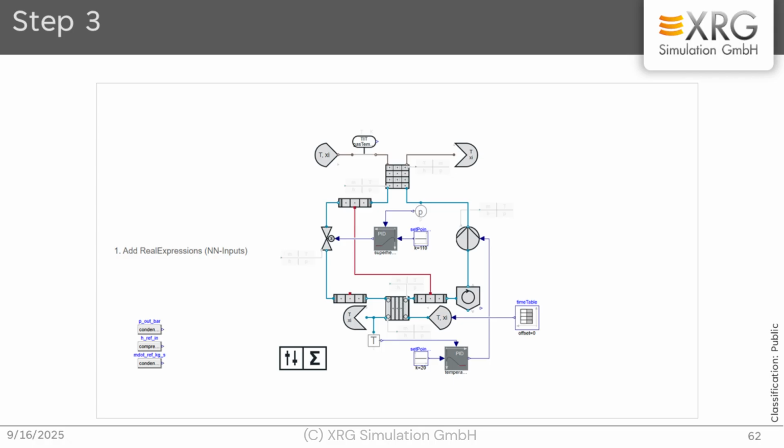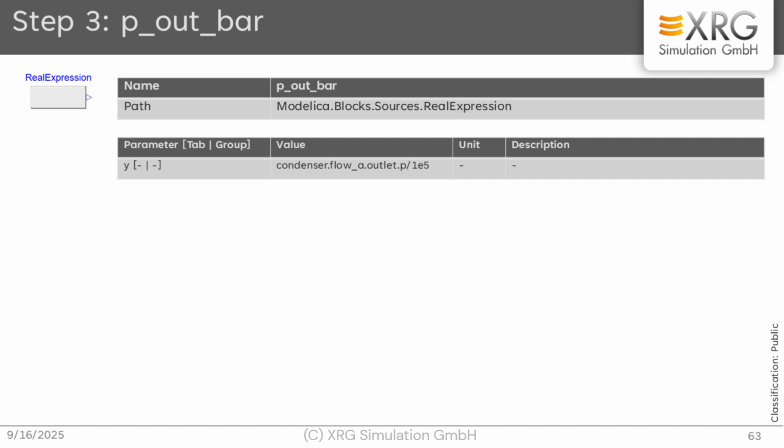What values we have there is the pressure. We have to take into account that we have trained it in bars and not in Pascal. And I think the unit there is Pascal, so we have to divide it by 1.5.